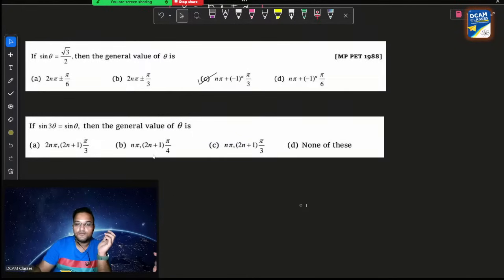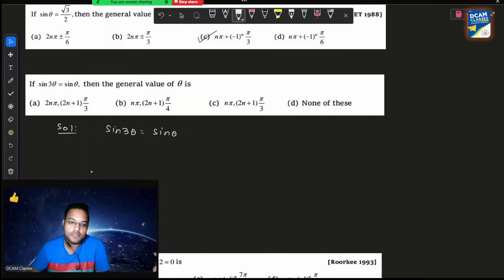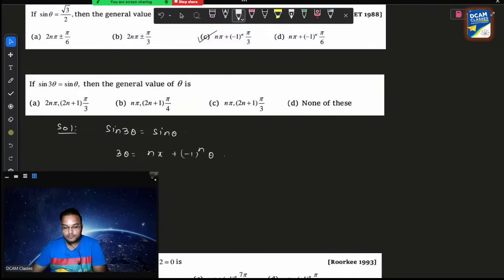One easy way is, let me show you. Here it's sin 3 theta is equal to sin theta. If you try to find its solution, 3 theta is equal to n pi plus minus 1 whole power n theta. Now I have to divide by 3 on both sides.